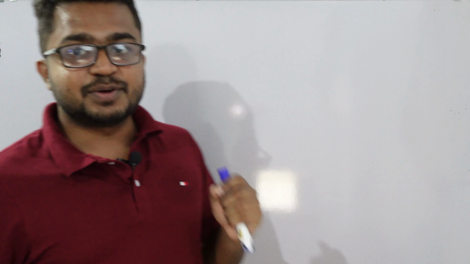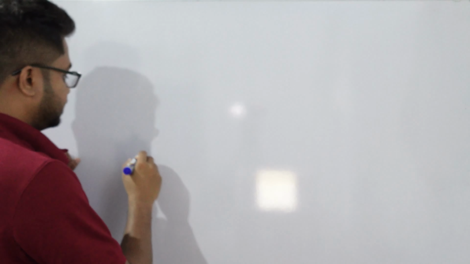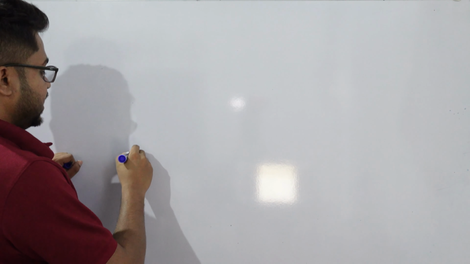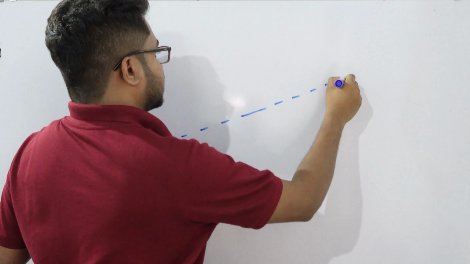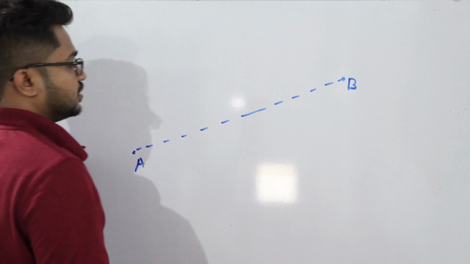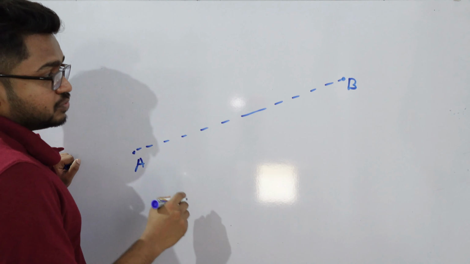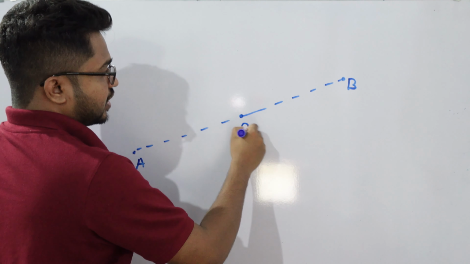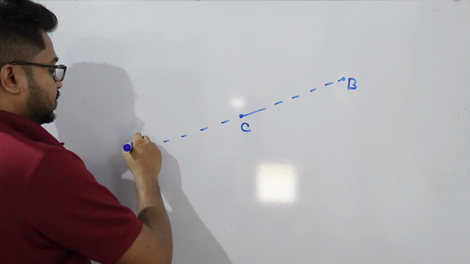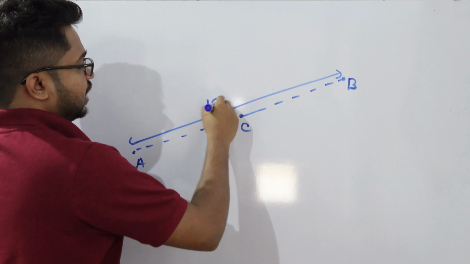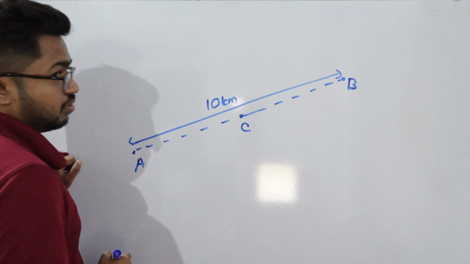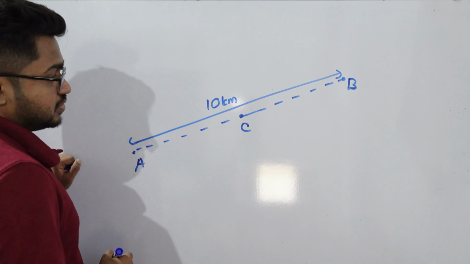Let's look at another example. Imagine there is a person. He moves from A to B, but while he is moving, he passes C. From A to B, you have 10 kilometers. Oh, so long a distance.